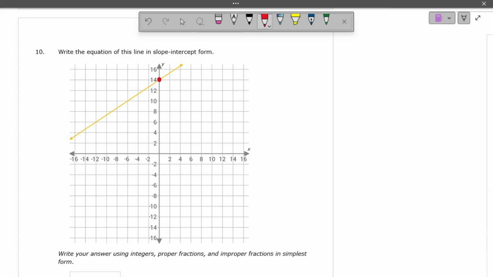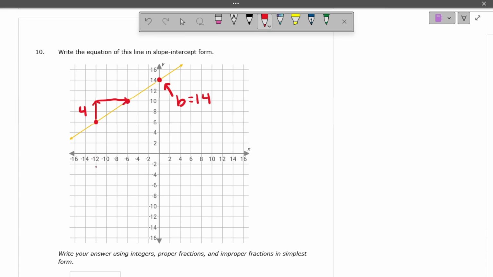So pointing out this right here, that's the first thing we're going to look at, our y-intercept, since we are able to see it. Looks like our y-intercept is 14. And then let's find our slope. So I'm going to grab 2 points on our graph. Let's see, we'll do here and here. I'm going to draw a nice triangle and count. So this right here is 6. This point here is 10. So it looks like we're going up 4.